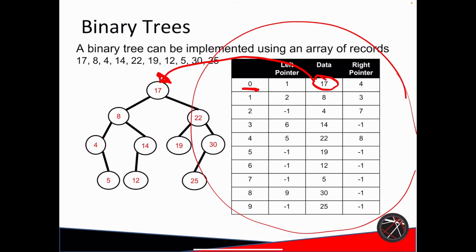We then have a left pointer just there, and then a right pointer there. The left pointer points to 1. That isn't data, instead it's actually row 1 in the list. On row 1, the data is 8, which therefore links to that piece of data there.